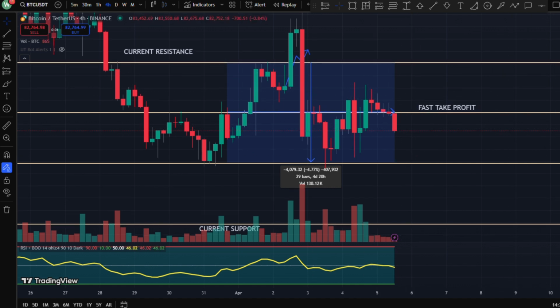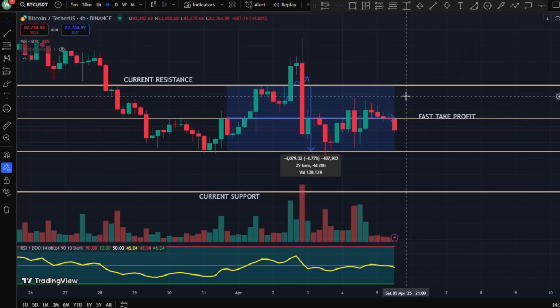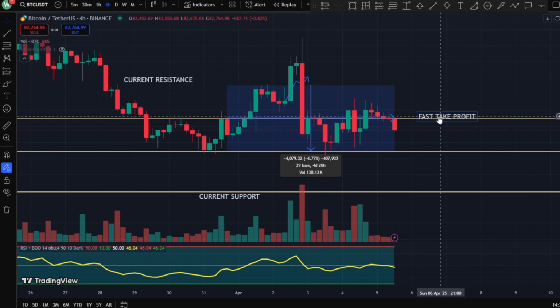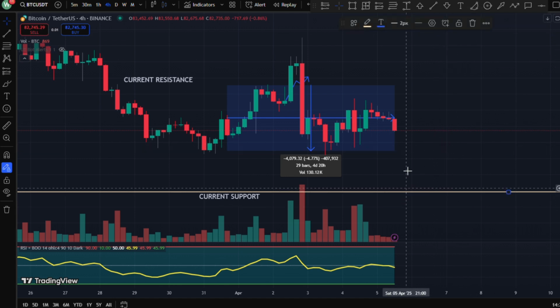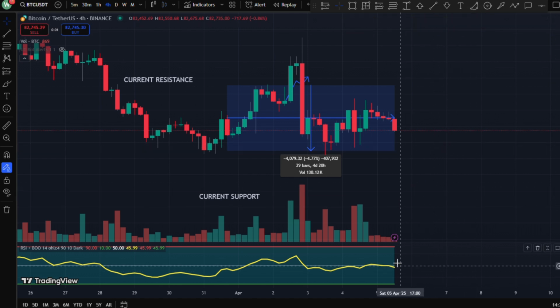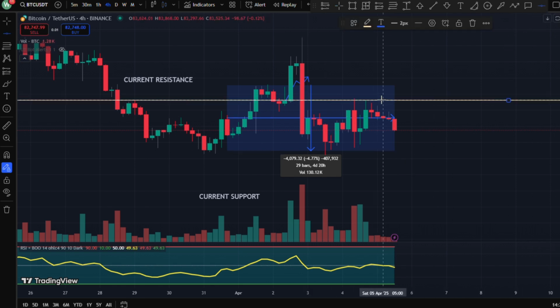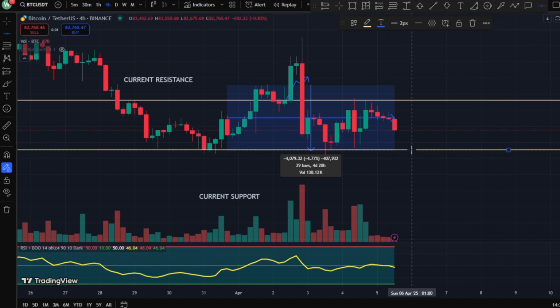So let me remove these lines. Let's try something. Let's say here is our current resistance, and here we have our current support, right?